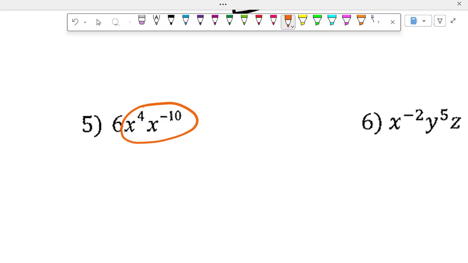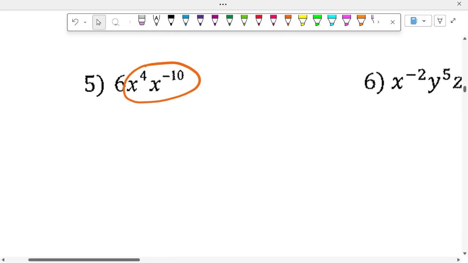So in other words, I could do what with the exponents first? Not multiply. We're multiplying the bases, but with the exponents, we have to combine how? Addition. All right. So you can either do the product rule first, or you can move the exponent first. All right. So I'm going to show you both ways.